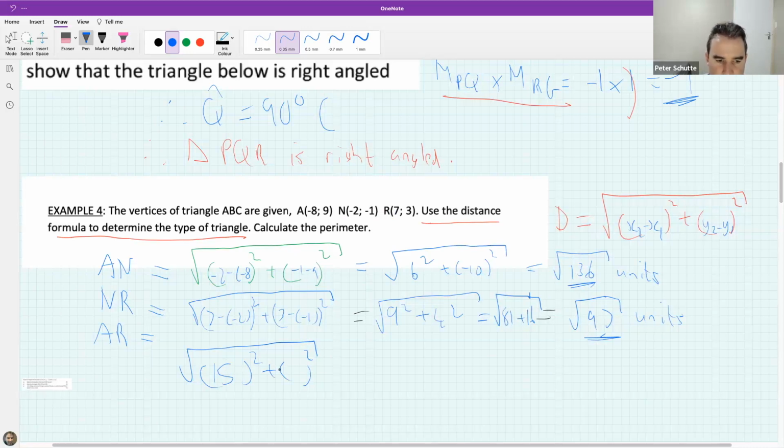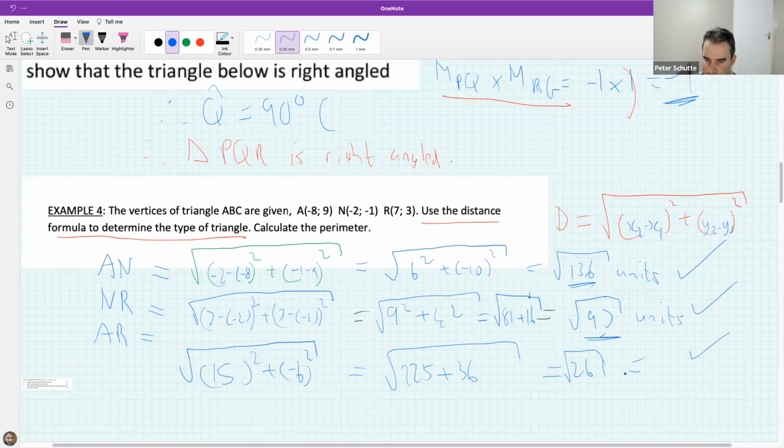And then we've got 3 minus 9, which is minus 6, which gives us 225 plus 36, which is indeed 261. Yeah, now you're right. In your calculator, it will give you the SD button. But okay, so we practiced the distance formula.